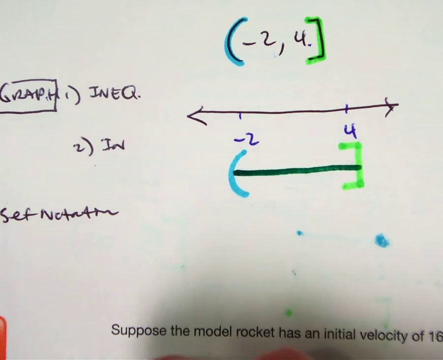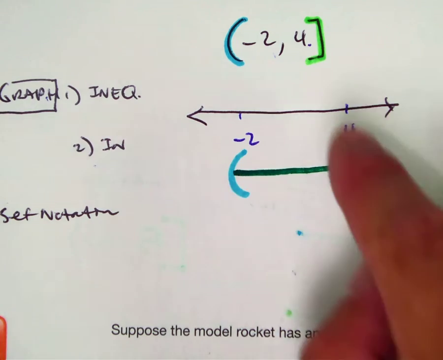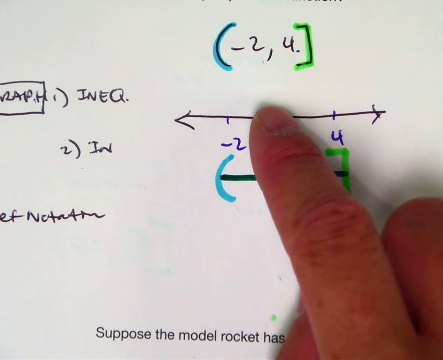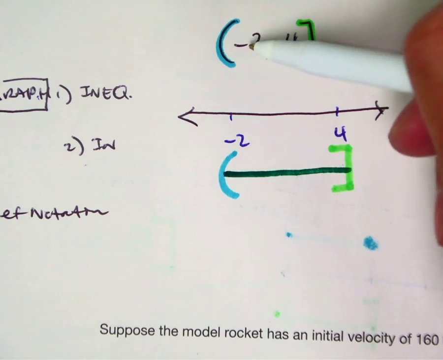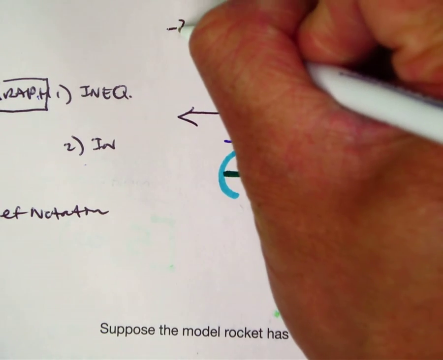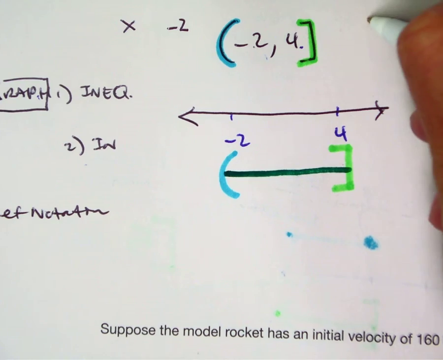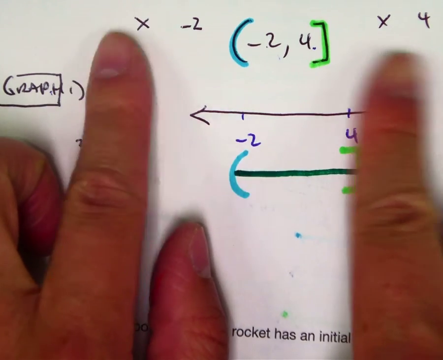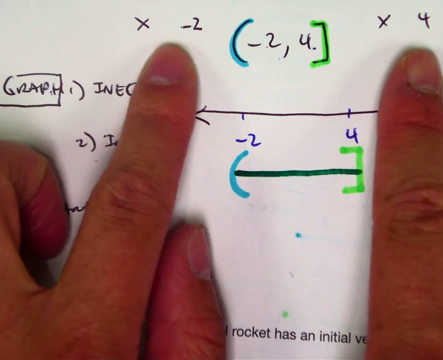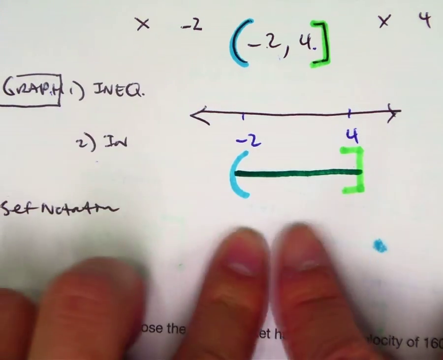Now, what does that look like for an inequality? Well, you actually have two things going on. You have -2, let's write an x, and you have a 4. So you're going to basically have these two problems here. Actually, that'll be for our set notation.